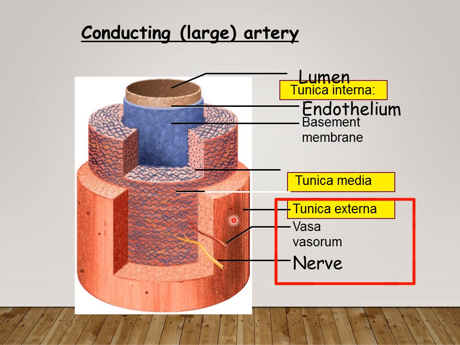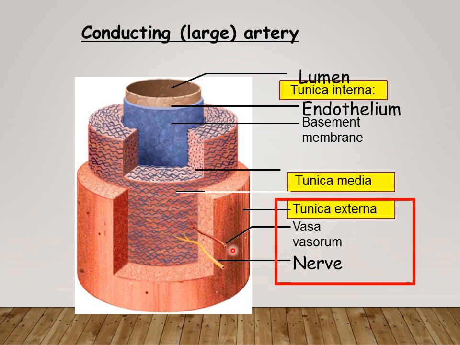The blood vessel which is the vessel of the vessel is known as vasa vasorum. So the vasa vasorum is the branch of the artery which enters into the blood vessel by passing through this tunica externa. This is piercing the tunica media.